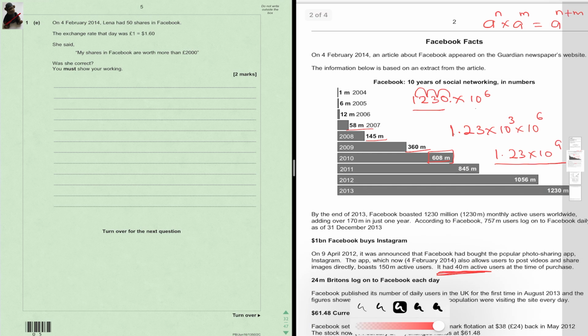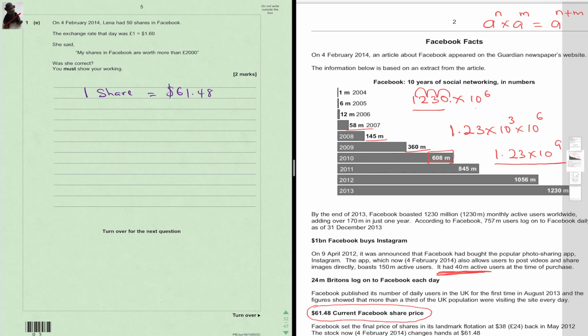Right. So the current share price on Facebook is $61.48. So one share equals $61.48.